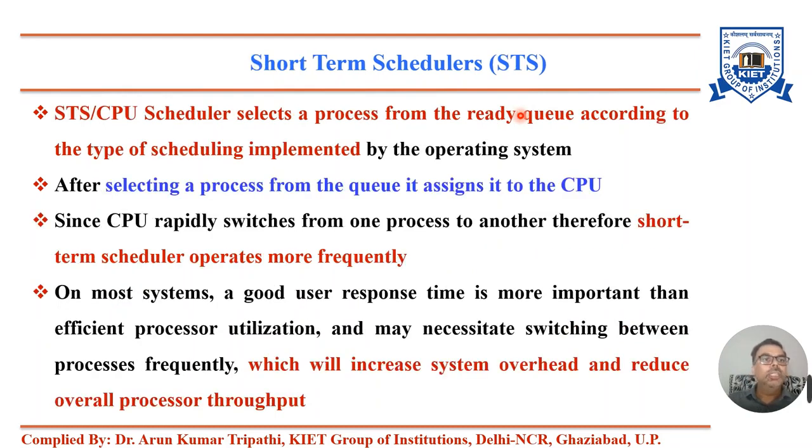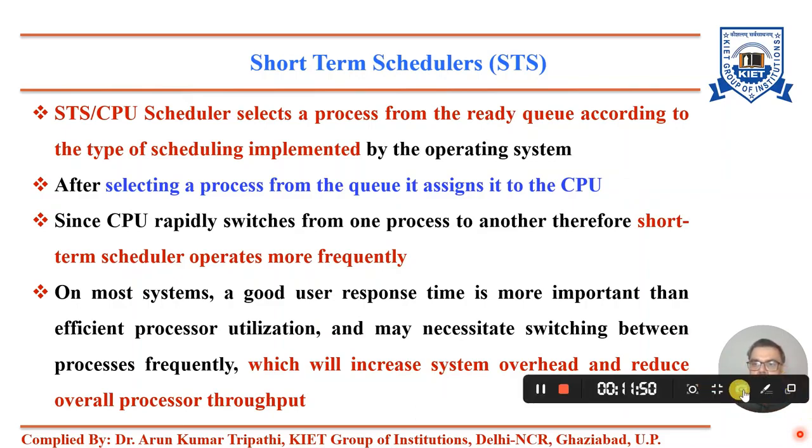Short-term scheduler. The short-term scheduler is also known as the CPU scheduler. It selects a process from the ready queue according to the type of scheduling implemented by the operating system. After selecting the process from the queue, it assigns it to the CPU or the processor. A number of processes may reside in the ready queue.